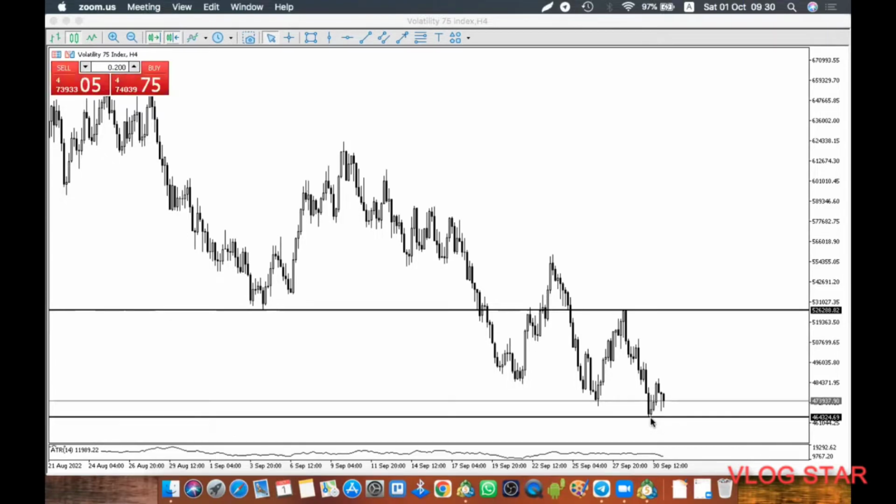Let's say you found this entry fine, you entered a buy here, then the market is going to come to this area here, and come back here. Then you're going to say, okay, I'm going to re-enter again here. Get more entries. You enter again, get your stop loss there.